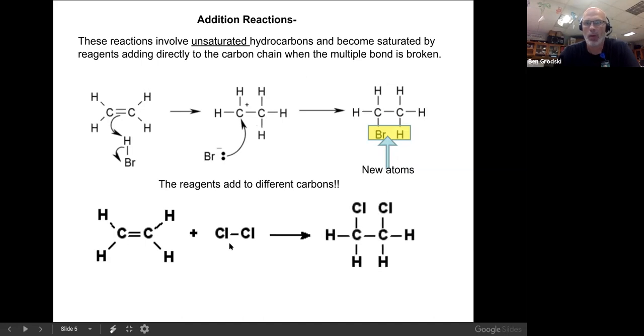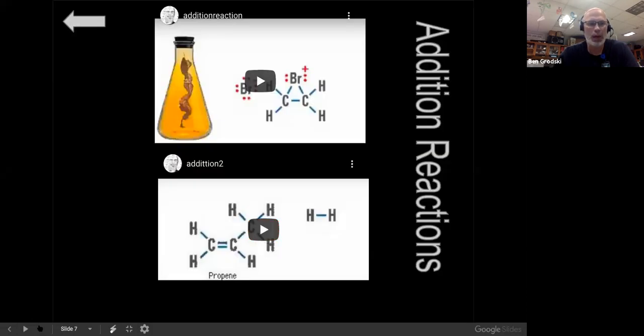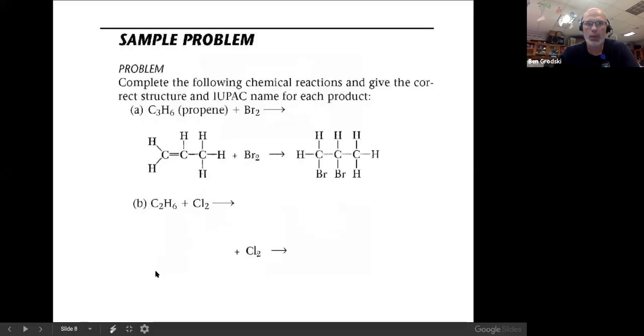So that's how that works. You can't add both to the same carbon, all right? So in any case, one product, and I talked about halogenation, we talked about hydrogenation. What we do is to make a saturated fat, unsaturated fat becomes saturated, okay, corn oil into margarine, okay? And we did all that, and so we're moving on. We looked at sample problems, and you had a form that reviewed that.